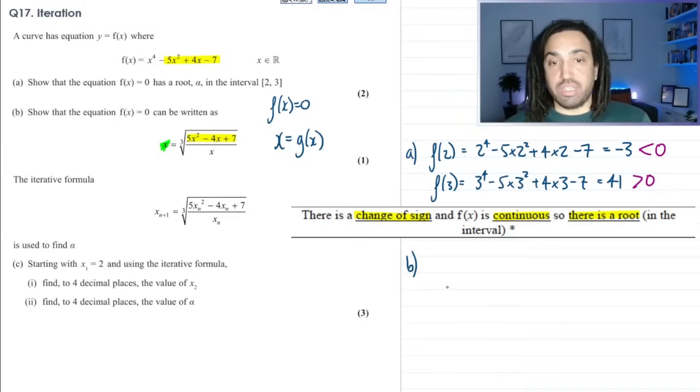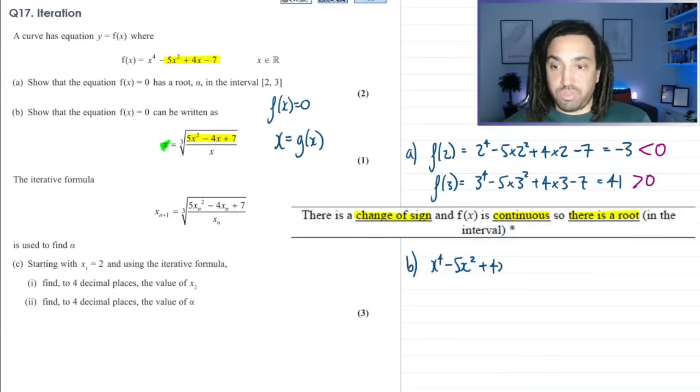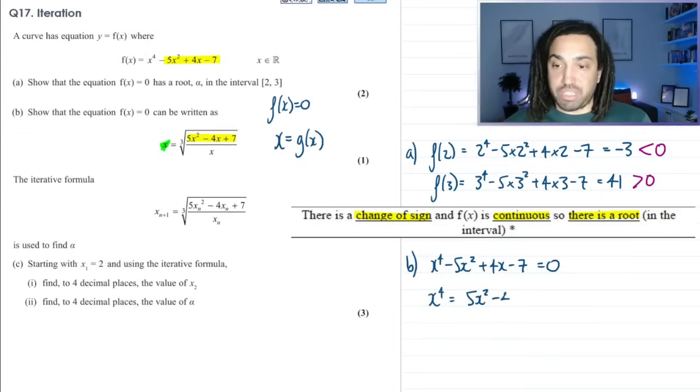Okay, so we do x to the 4 minus 5x squared plus 4x minus 7 equals 0. We're going to move all of that stuff over, so that becomes positive, that becomes negative, that becomes positive. We're then going to divide by x, and this is where the cube root comes in.